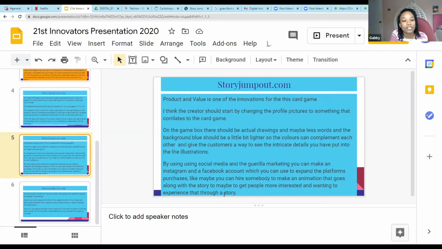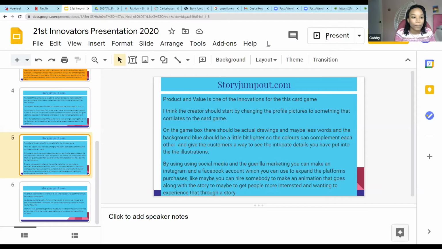I said product and value is one of the innovations for this card game. I was thinking that the creator should start by changing the profile picture that's on top with the beach, I think it was, to something that correlates with the game. And then on the game box, there should be actual drawings and maybe less wording.